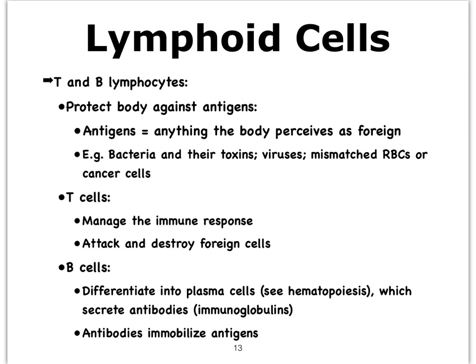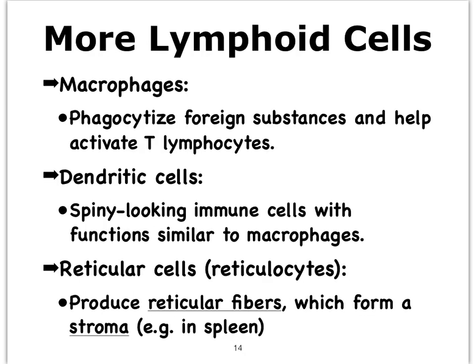In your microbiology courses and also in pathophysiology, you will probably learn a bit more detail about the B and T cells. In addition then to your lymphocytes, we also have the macrophages and the dendritic cells. I've talked about these guys before.